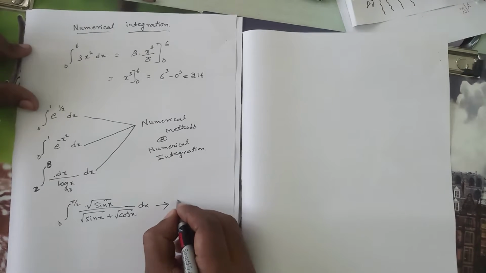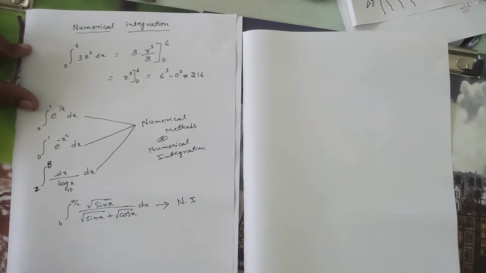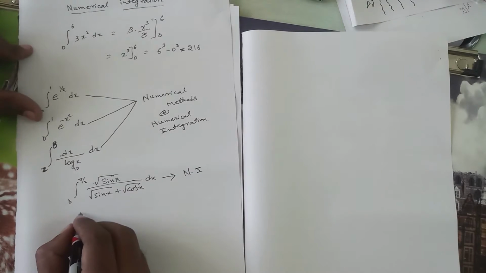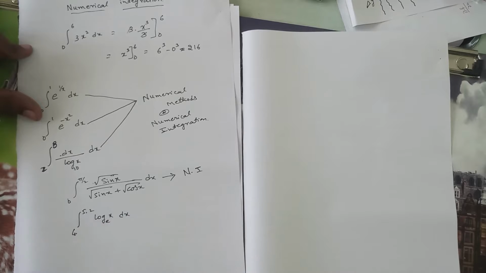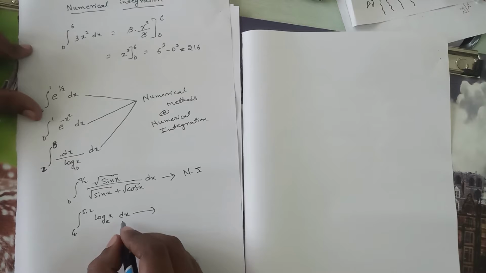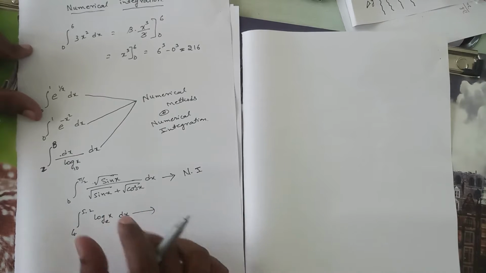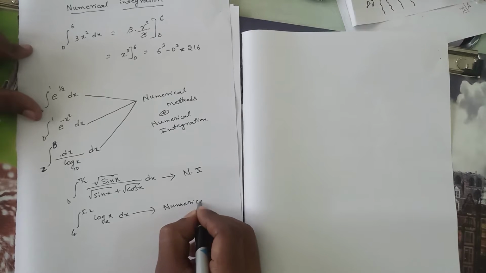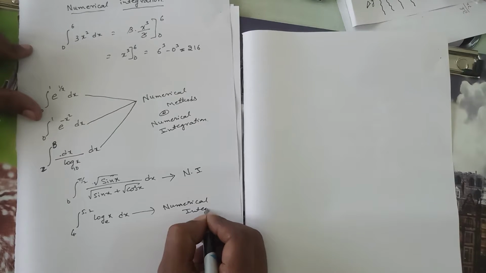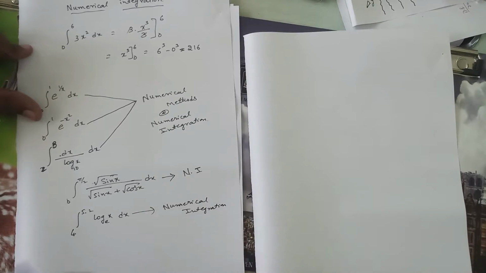At that time you can use numerical integration. And you can find the solution for integral 4 to 5.2 of log x base e dx. You can find the answer for this one also by direct integration, but you will get a lengthy method. So you can use numerical integration to find the solution in an easy way.